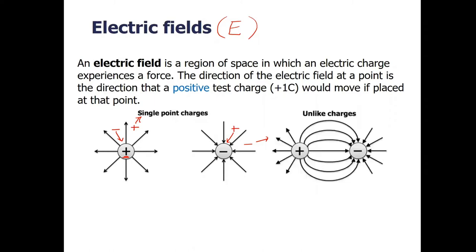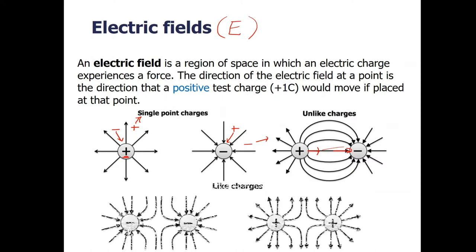So the unlike charges, opposite charges, they attract. So you get a resultant field in the middle. In other words, the field in the middle of these 2 charges is both in the same direction. And because they're both in the same direction, we add those fields together and get a resultant field at that point. If we're looking at like charges, the field direction in the middle is in opposite directions.